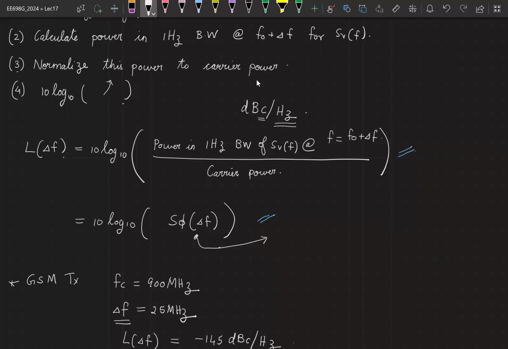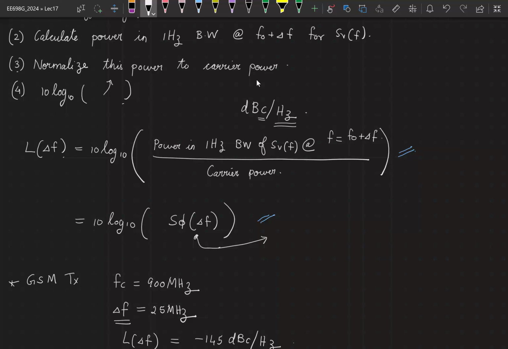But in that case, if we are taking 0.5 hertz bandwidth, then shouldn't we be integrating that? Then you will have to integrate if you are reporting L of delta F. Simply because if you are reporting L of delta F, it's mostly because you are trying to meet a spec or you are comparing with another clock. So the comparison has to be fair.